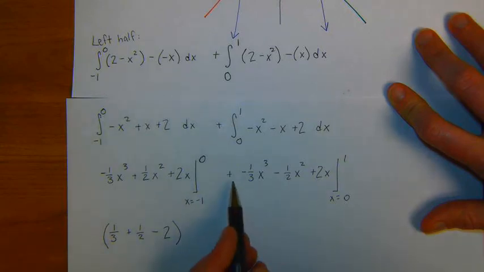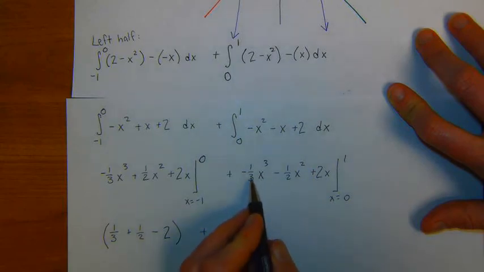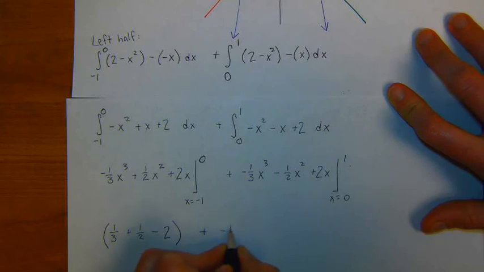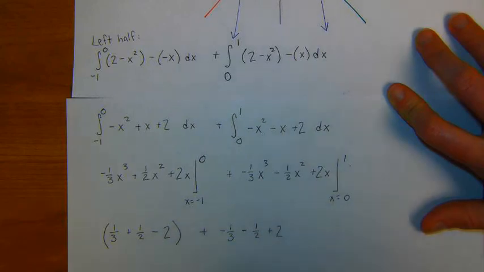And then I'm going to add on to it the area of this half. Plugging in 1 for each of these values, I get -1/3 minus 1/2 plus 2. And these two areas should have been the same area.